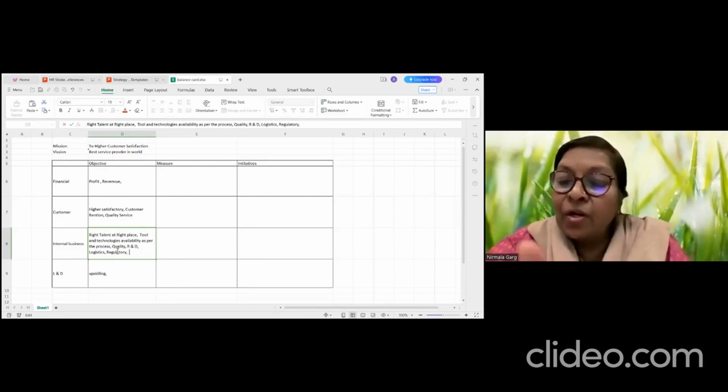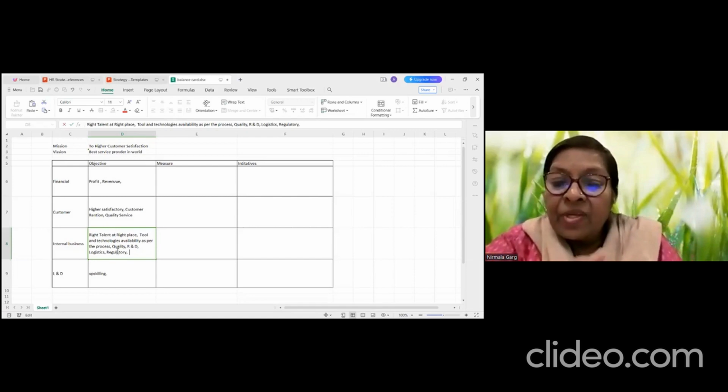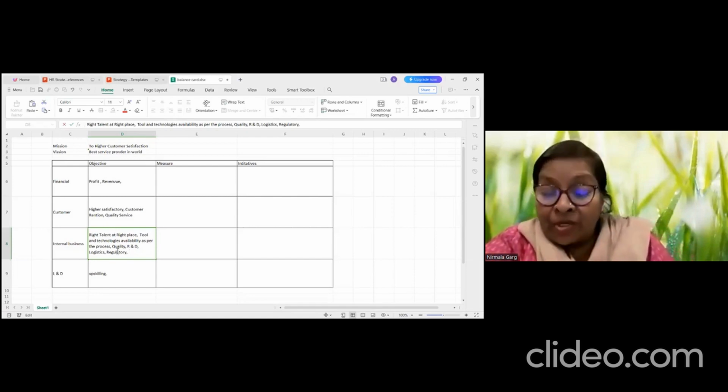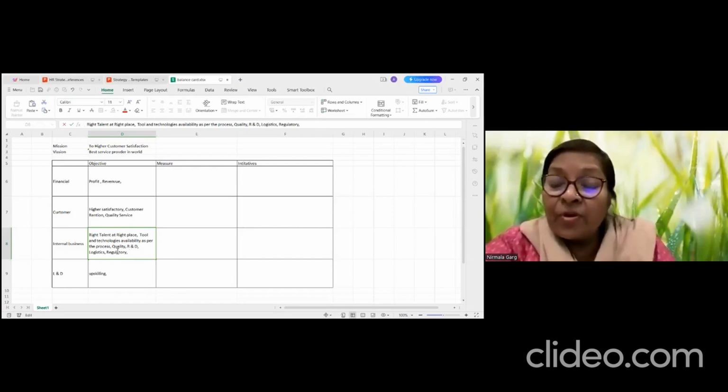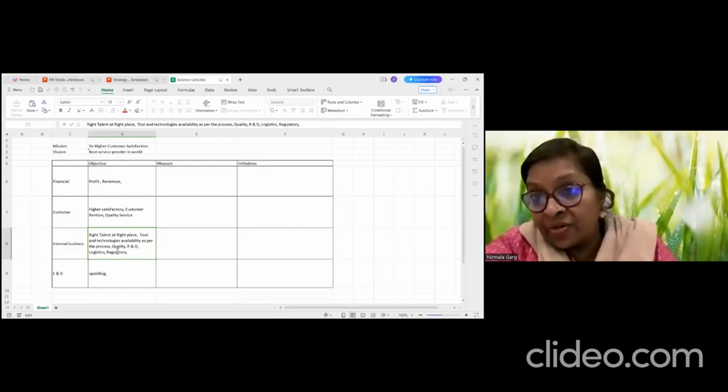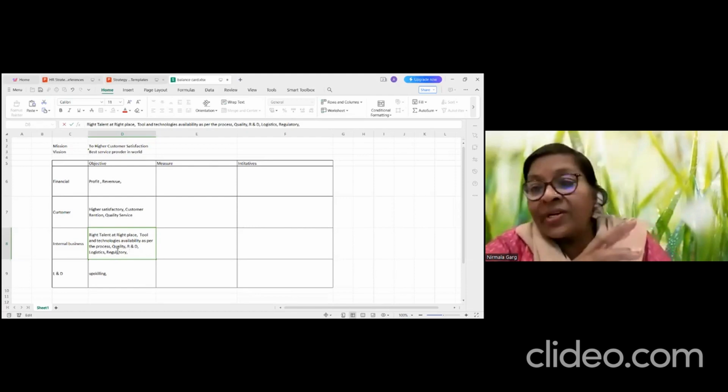Like I said, if you hire the right kind of people as required by the processes, then you are able to drive your processes efficiently. And if you are able to drive your processes efficiently, then you are able to deliver products and services to the customer according to his delight and satisfaction, without rejections, without delays.